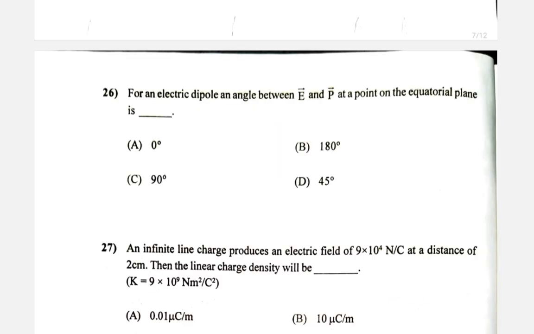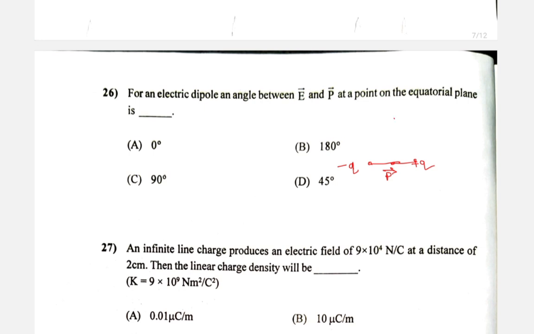26. For an electric dipole, the angle between the electric field E and the dipole moment P at a point on the equatorial plane is... So for that we know that in an electric dipole, minus q and plus q, let's say, the direction of the dipole moment will be from negative to positive.